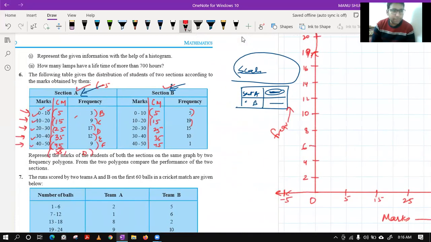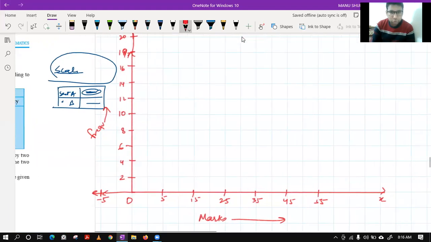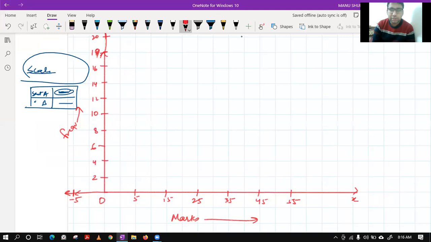Fine. So one mistake I have made, I should have taken one block only, but let's see how to write the scale. In this case, class, please tell me what is the scale on the x-axis? I should have taken 5 on this one so that I could have taken it as 1 unit. So now please consider it as 1 unit only as your graph paper.